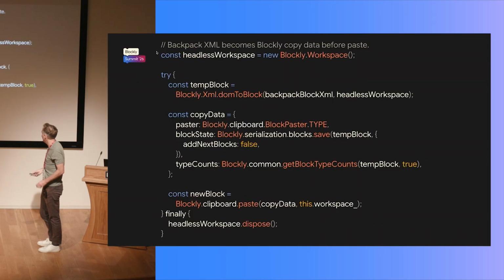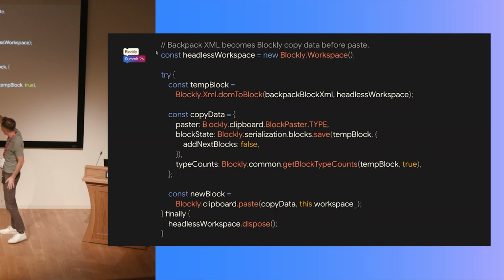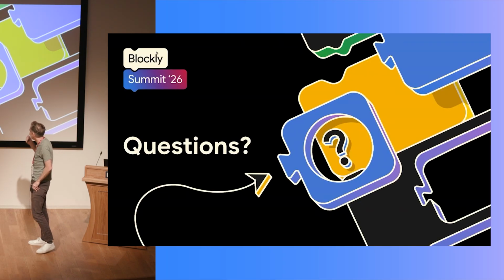So what I had to do was create a headless workspace, get the XML in there so I can get the JSON and put it into a copy data. And this allows you to use Blockly clipboard paste. I think other people might run into that if they have a lot of old XML stuff still lying around.